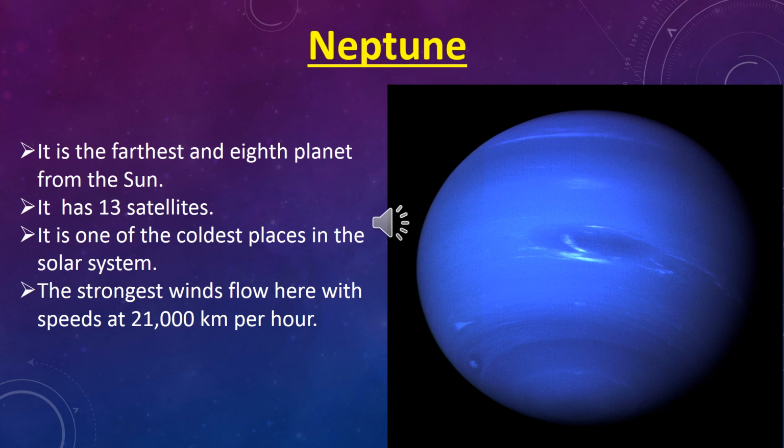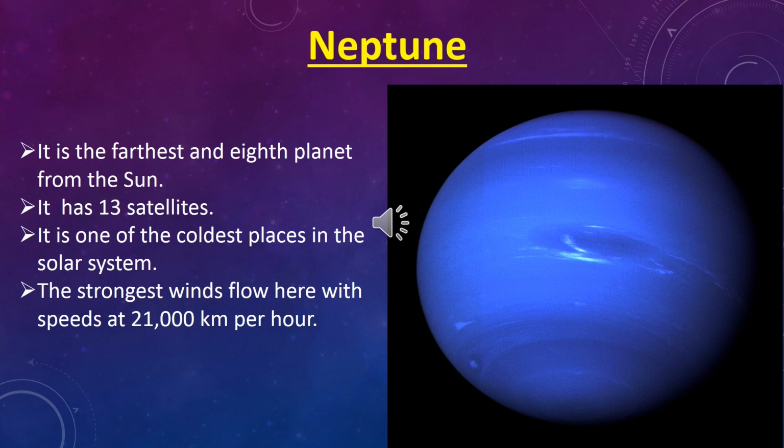Our next planet is Neptune. This is slightly in dark blue color. Looks very pretty. It is the farthest and eighth planet from the Sun. It has 13 satellites. It is one of the coldest places in the solar system.